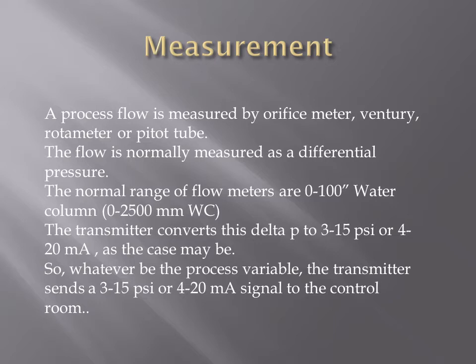You can also have 0 to 50 inches or 0 to 200 inches, but generally it is 0 to 100 inches. This signal goes to the transmitter. The transmitter converts the output to 3 to 15 psi for pneumatic or 4 to 20 milliamps for electronic controls, and sends it to the control room.